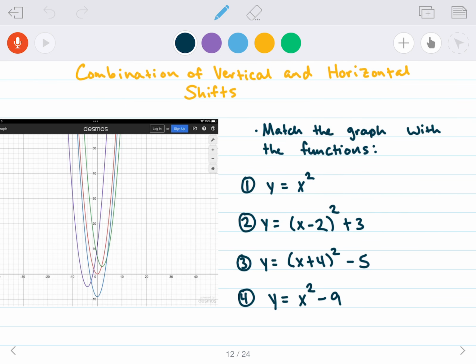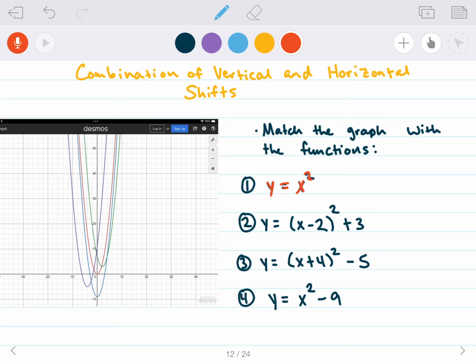All right, so let's practice identifying which function belongs to which equation. So we could have combinations of vertical and horizontal shifts, and the function that I'm shifting right here is just the basic parent function y equals x squared.